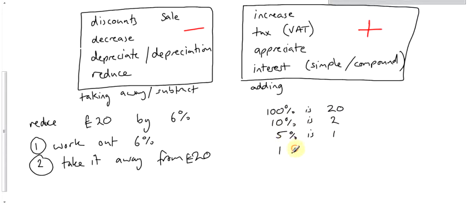And 1%, well, I'm going to divide my 100% by 100, so 1% is £0.20 or 20p. So this is my selection of building blocks, and I'm going to use these to build 6%. So 6% is a 5% and a 1%, and of course 5% is 1, 1% is 0.2. So 6% is £1.20.